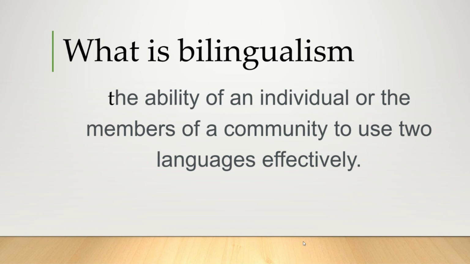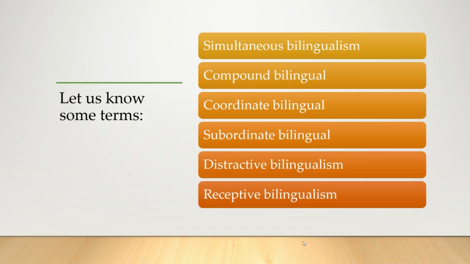What is bilingualism? It is the ability of an individual or the members of a community to use two languages effectively. Let us know some terms such as simultaneous bilingualism, compound bilingual, coordinate bilingual, subordinate bilingual, distractive bilingualism, and receptive bilingualism.